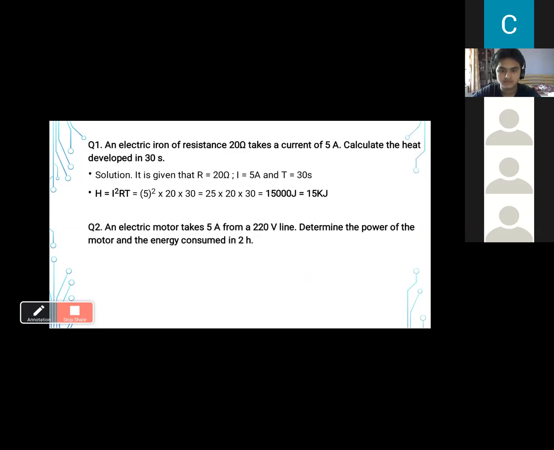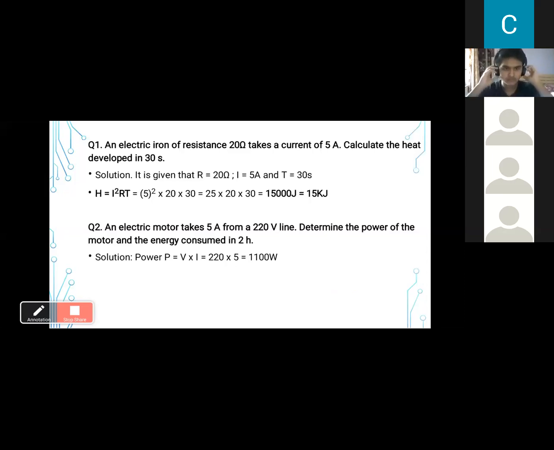Next one: an electric motor takes 5 amperes from a 220 volts line. Find the power of the motor and the energy consumed in 2 hours. So time is given here in hours. I cannot apply hours to get joules. I will convert this hour into seconds first and then apply it in the formula. So what is given to me? Current is given to me and voltage is given to me. I can calculate the power from voltage and current.